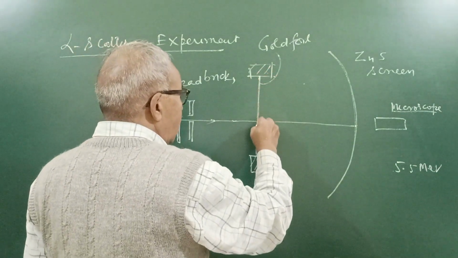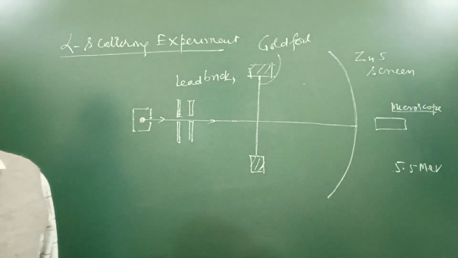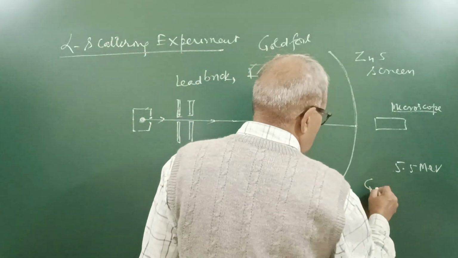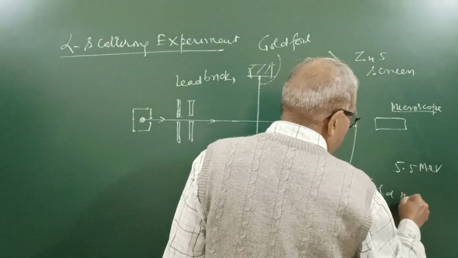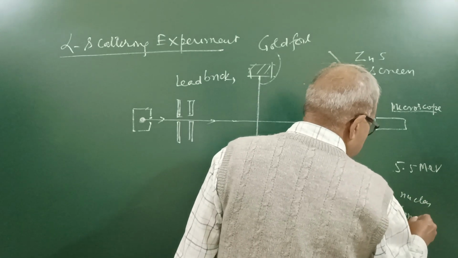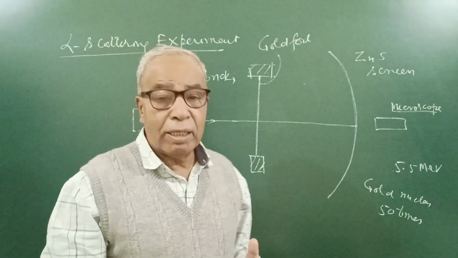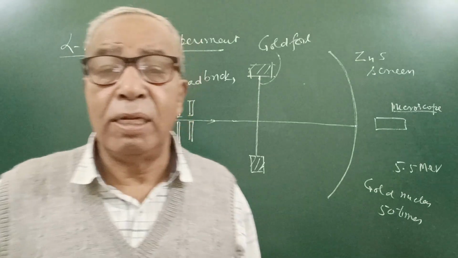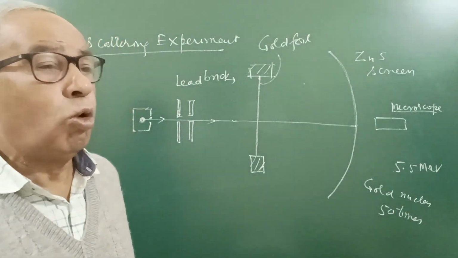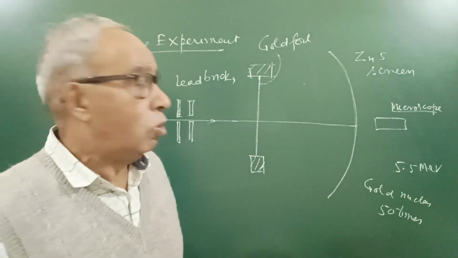If we take any element other than gold foil, the nucleus may be a light one. The mass of the gold nucleus is nearly 50 times heavier. So when an alpha particle collides with it, it may remain stationary. If you take a light particle, it is just like two balls colliding, then the ball at rest will also move.